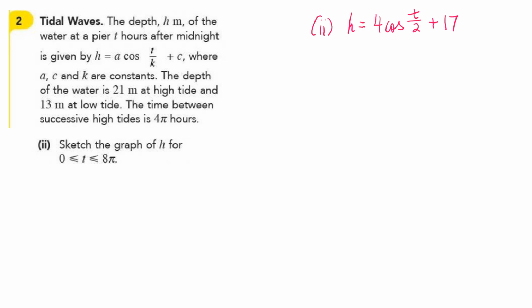Okay, so this is how it looks like. From there, we are asked to sketch the graph for t between 0 and 8 pi. That's easy because we already know the axis of the curve is at 17.